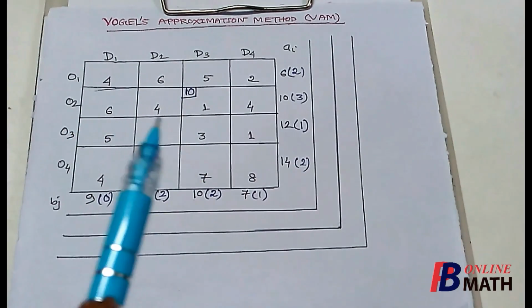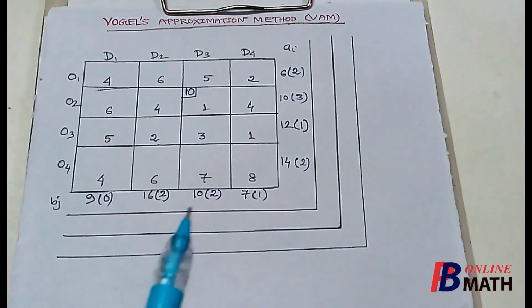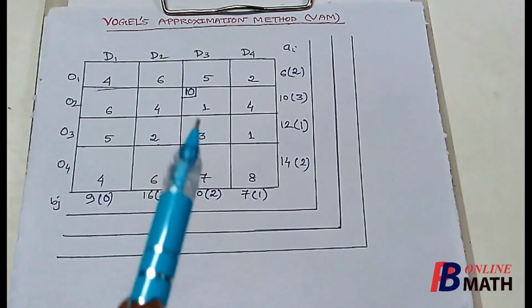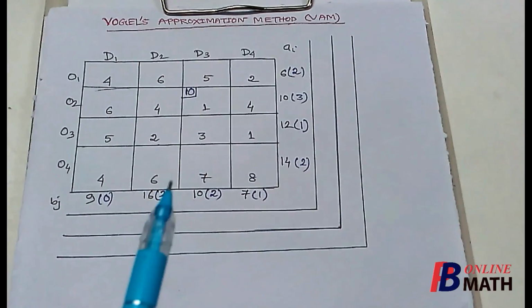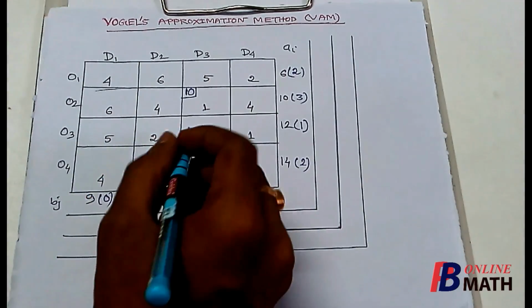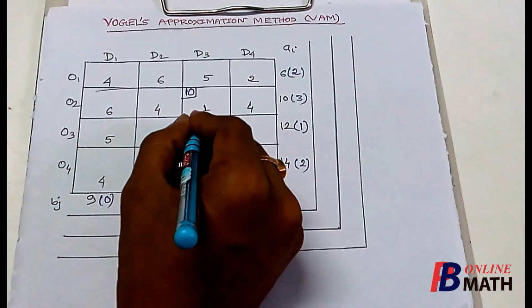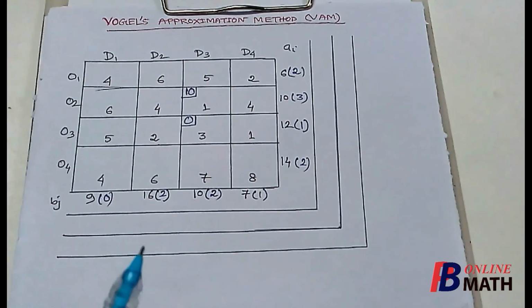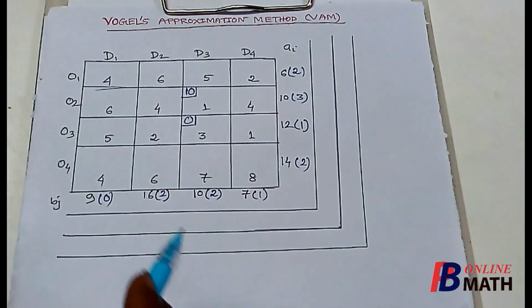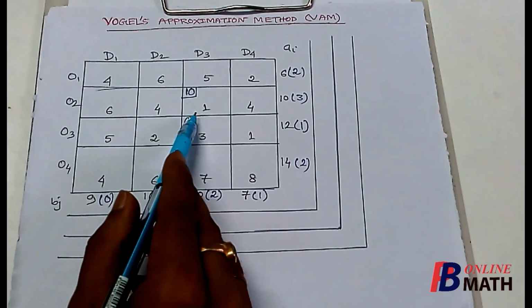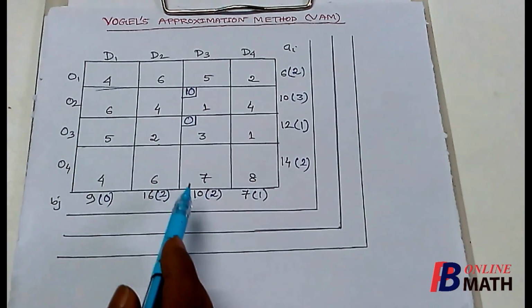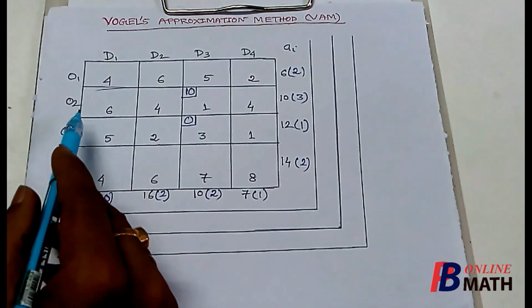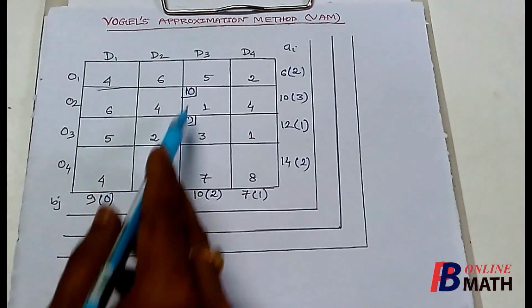If we check this row and column, then we find that the next minimum cost is 3. So we can allocate a basic variable 0 here only to maintain the number of basic variables. If we allocate one basic value 0 here, then we can simultaneously cross off all the remaining cells of this row and column.